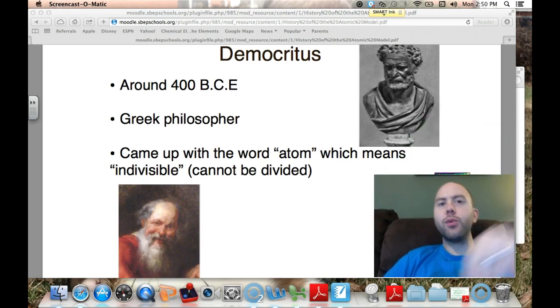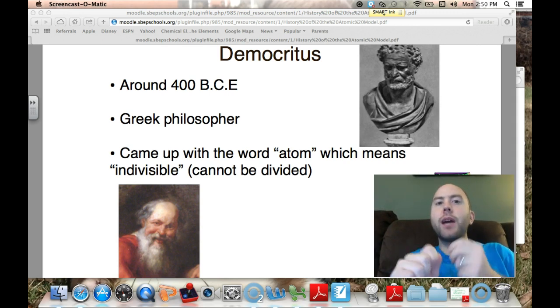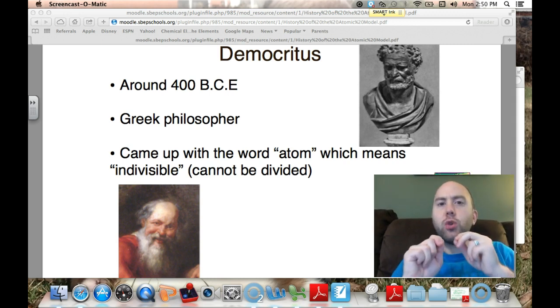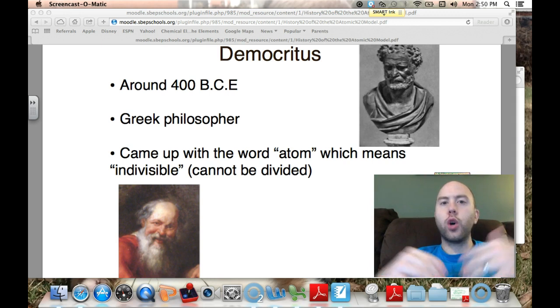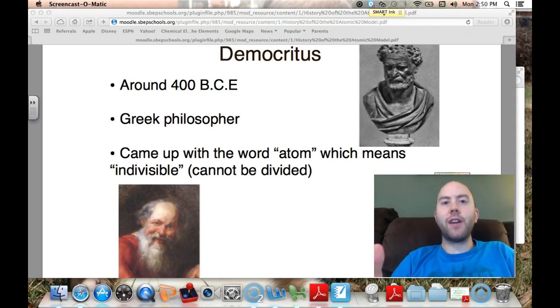He thought if you take something and you cut it in half, and you cut that half in half, and you keep cutting something in half over and over again, eventually you're going to get to a piece so tiny you can't cut it in half anymore. He called that atoma or atomos, which meant indivisible, cannot be divided. Now we call those things atoms.